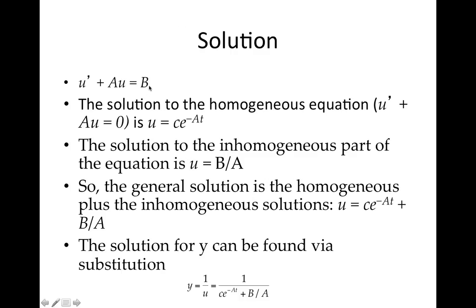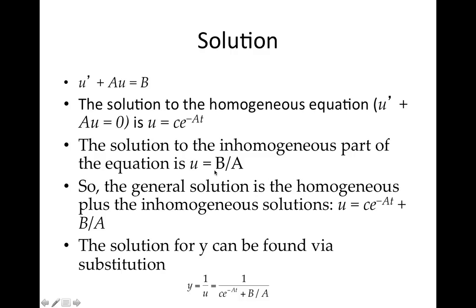If we let b equal 0 and solve the homogeneous equation, we get an exponential where c is a constant of integration, and a is whatever the constant was in the equation. So to determine the solution to the inhomogeneous part, you basically have to have a solution that will work in the differential equation.